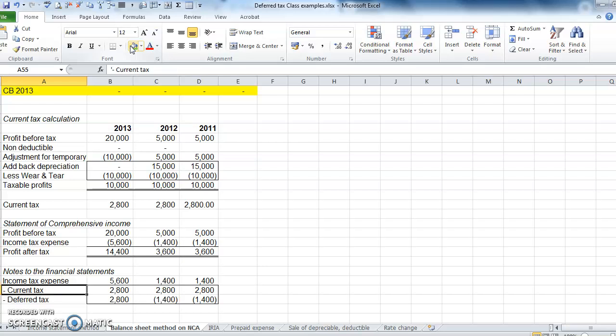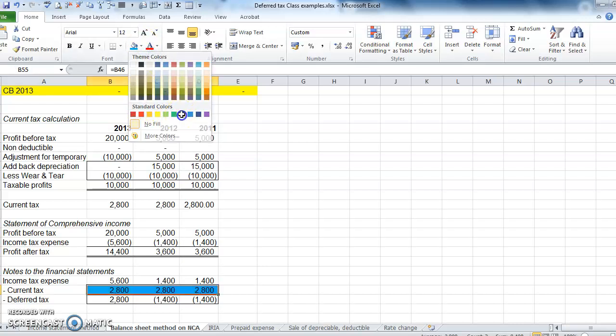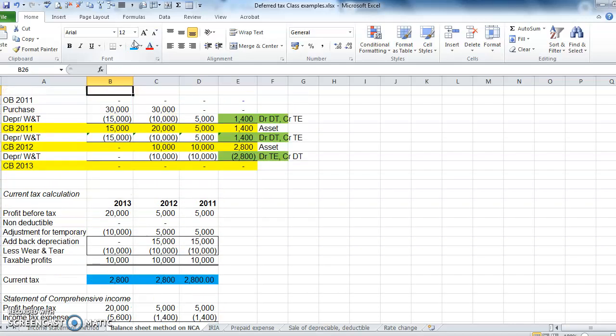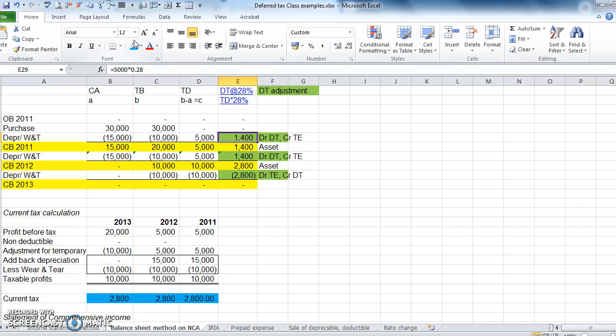So our current tax that we calculated was 2,800. Then we go to our deferred tax adjustments. Our deferred tax adjustment for 2011 and for 2012 is 1,400. Remember the journal that we processed for both years: we debited our deferred tax asset and we credited our tax expense.